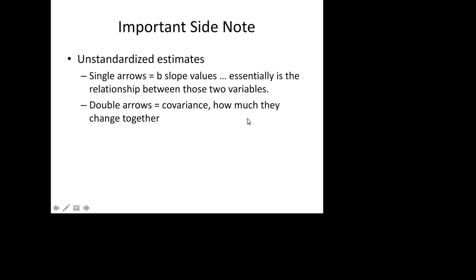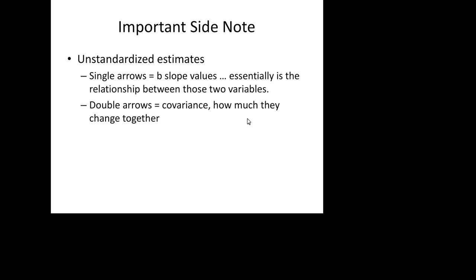Here's a quick pause and a side note. We're going to do a lot of talking about standardization and scaling. Standardization and scaling are often thought of as the same thing, but scaling just makes sure that the paths in your model are all on the same scale, whereas standardization just tells you how to interpret it.